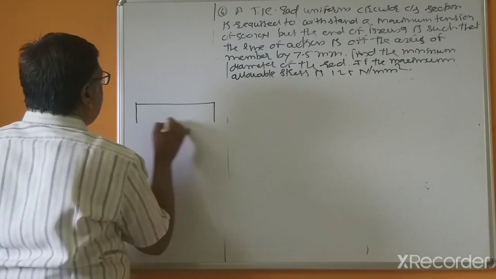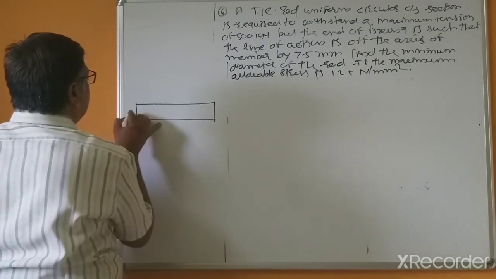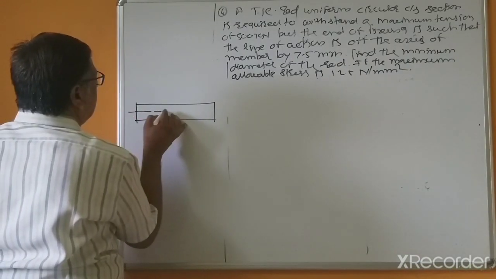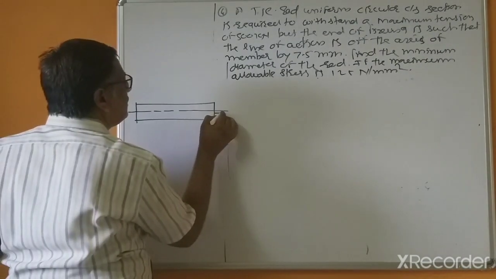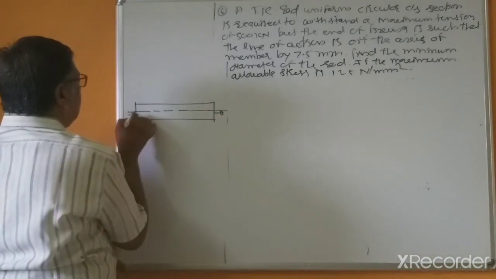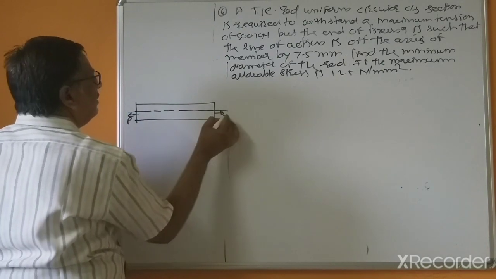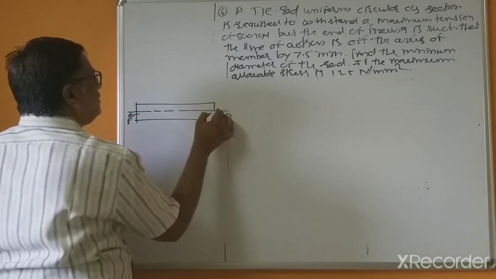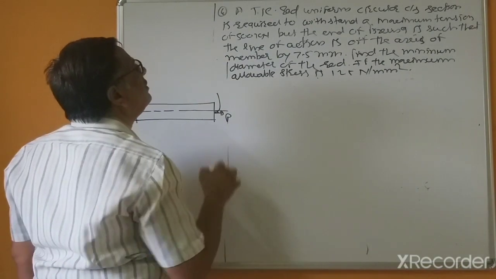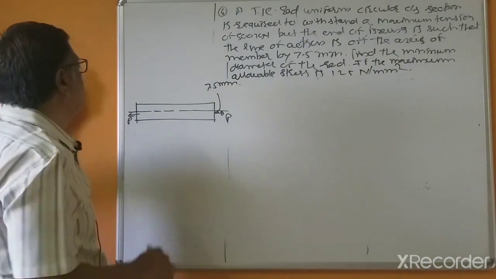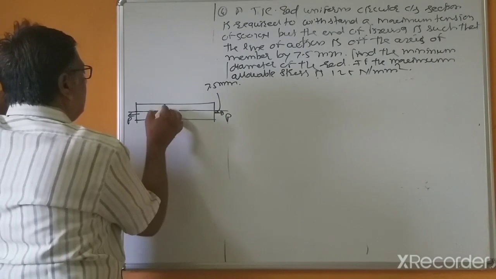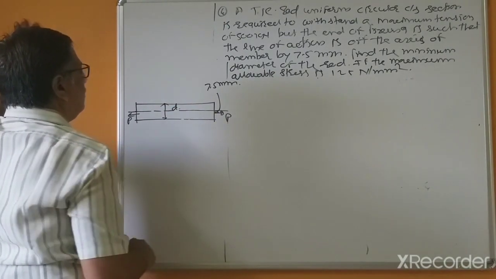So this is the tie rod, and this force is acting P, and this eccentricity equal to 7.5 mm. And what is asked? This is D equal to what?